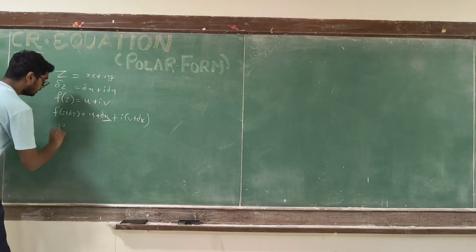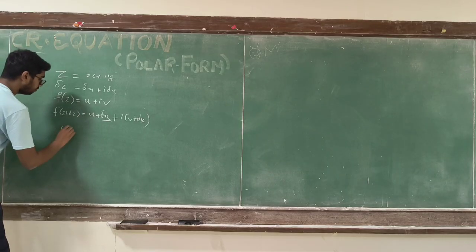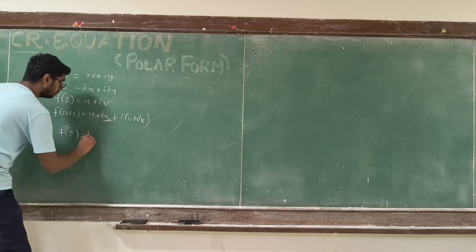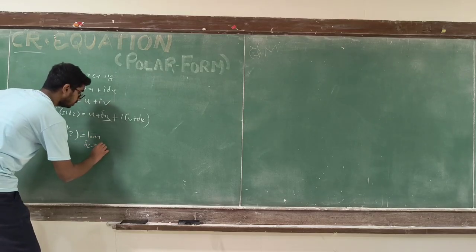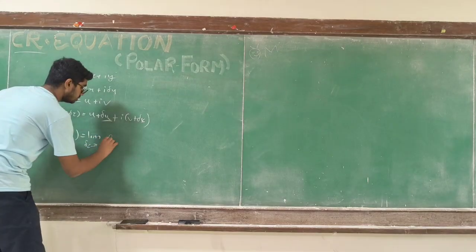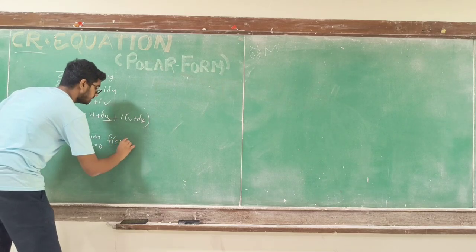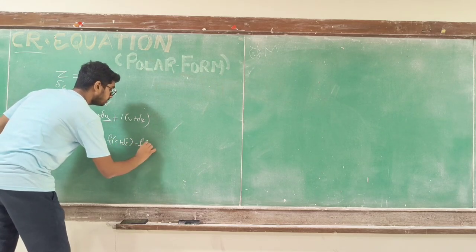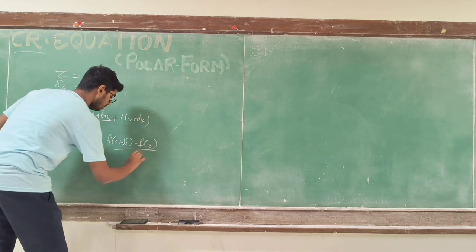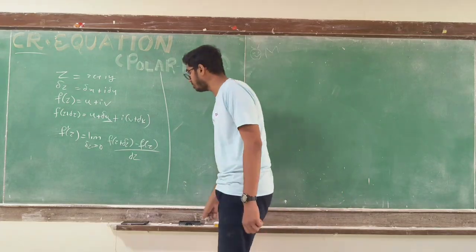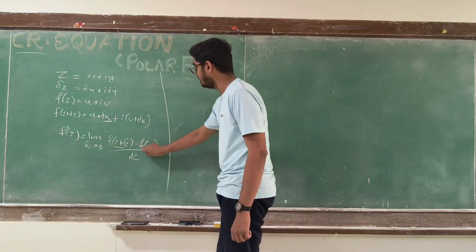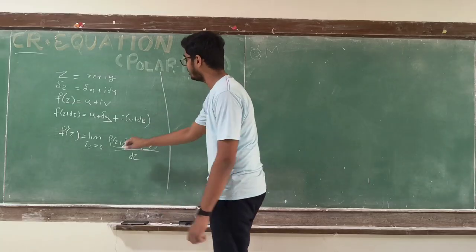Now let's say that we are differentiating f of z. So it will be limit del z tends to 0 of f of z plus del z minus f of z, divided by del z. After further proceeding, let's put the values of f of z plus del z, f of z and del z in the equation.